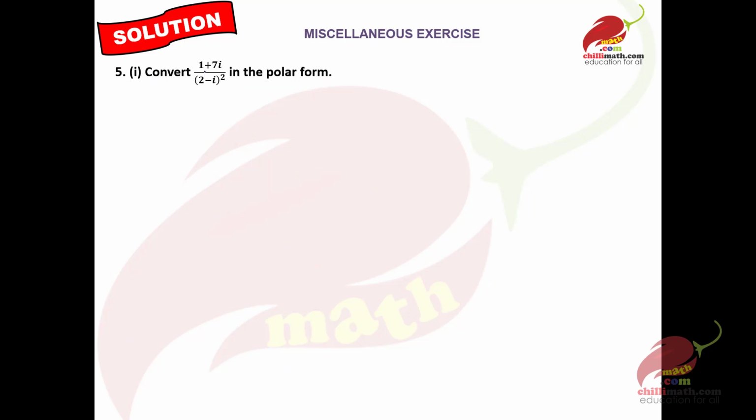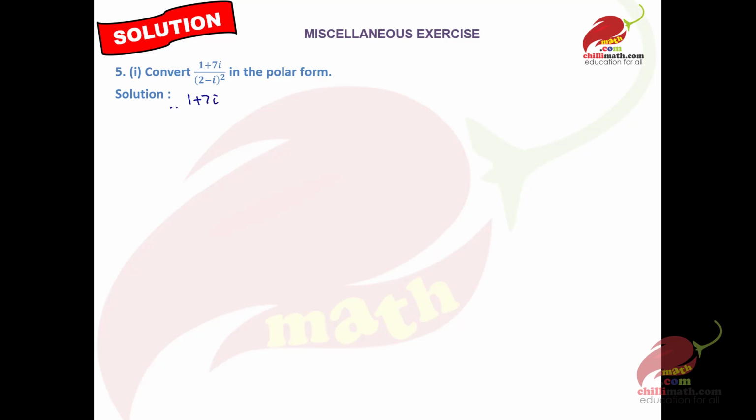Fifth question is, convert 1 plus 7 iota over 2 minus iota whole square in the polar form. So first of all, we need to write this in standard form.